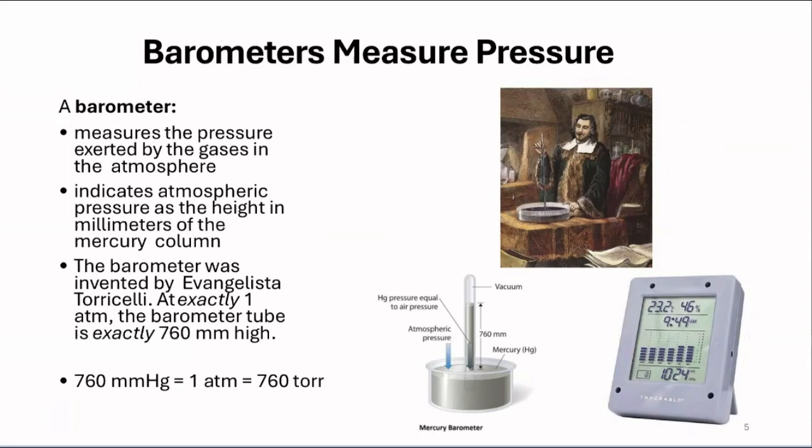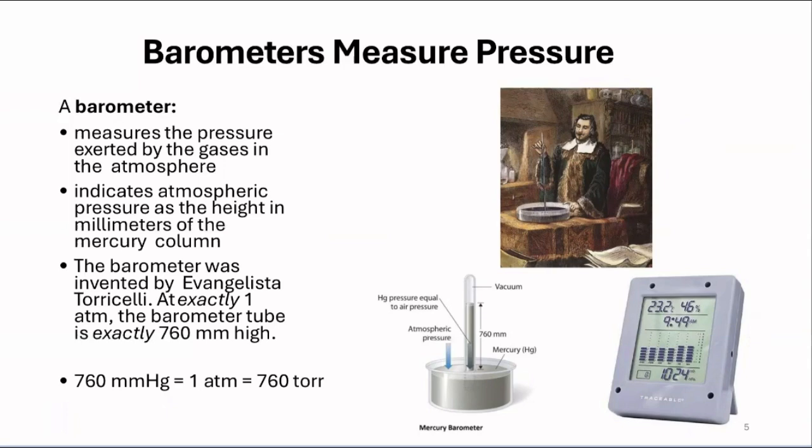There are some conversion factors that we need to be familiar with. For example, 760 millimeters of mercury equals 1 atm, or 1 atmosphere, which is one of the units for pressure.